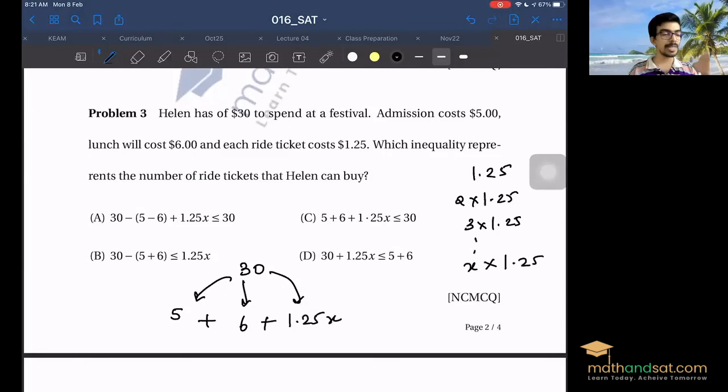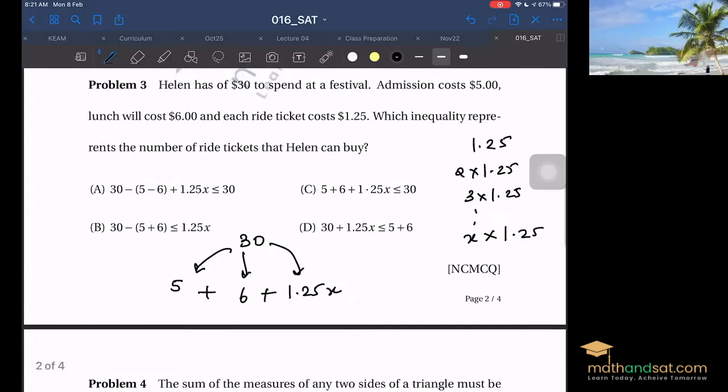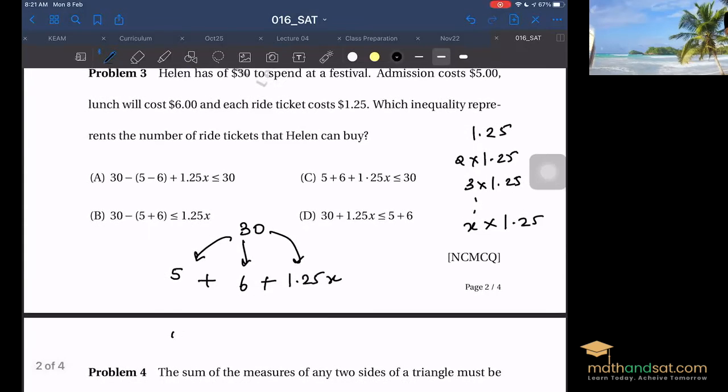And the maximum she can spend is $30, because that's all she has, right? So 5 plus 6 plus 1.25 times x will be less than or equal to 30.